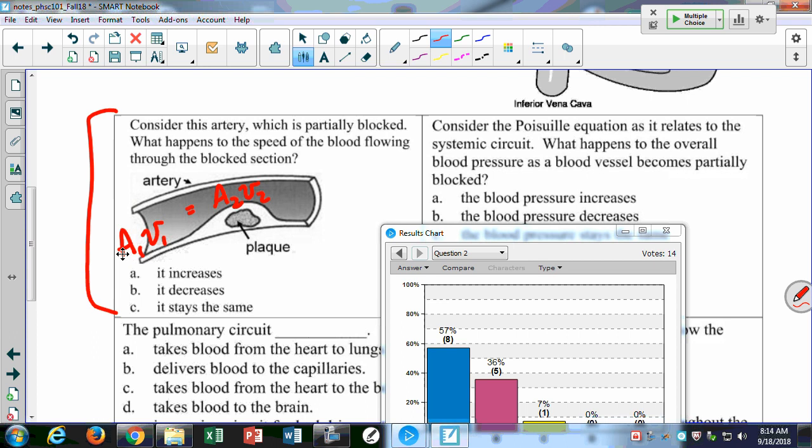So that means that if my area decreases, the speed has to increase, right? It's like in a water hose. When you put your finger over the end of the water hose, because the flow rate must still remain the same, the speed of the water coming out will increase. So it does increase. A is the right answer.